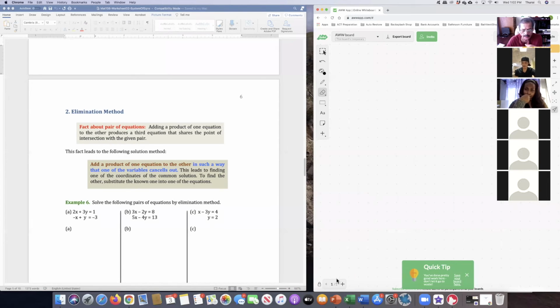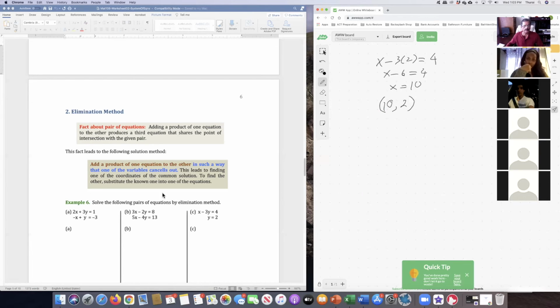So I just have to plug that into the first equation. x minus 3 times 2 equal to 4, and x minus 6 equal to 4, so x equal to 10. So the solution of the system of equations is 10, comma 2. That would be the point of intersection. So that's how you do that one.